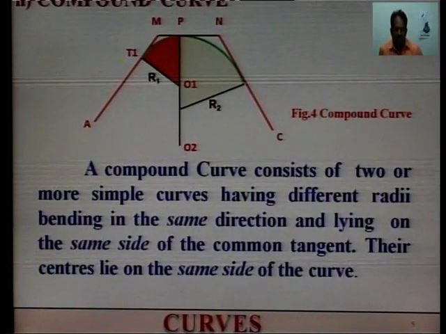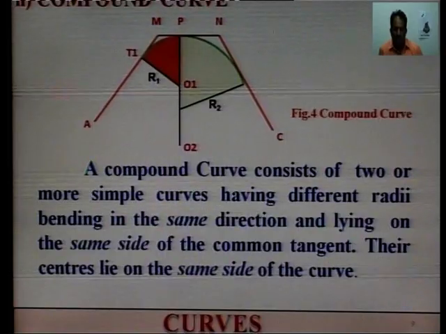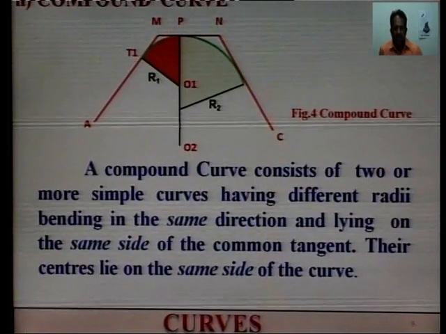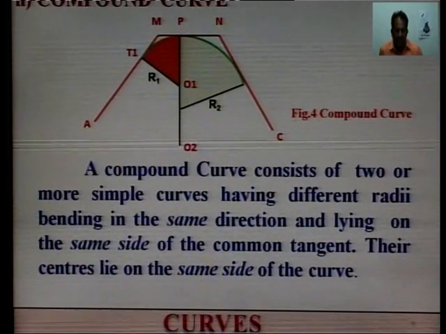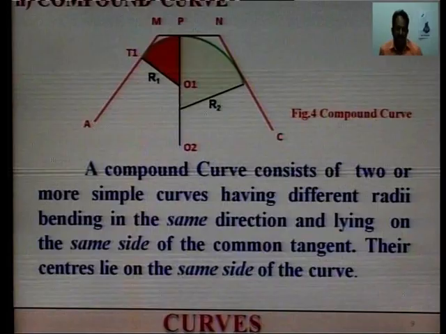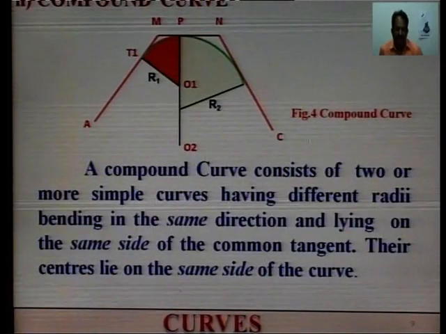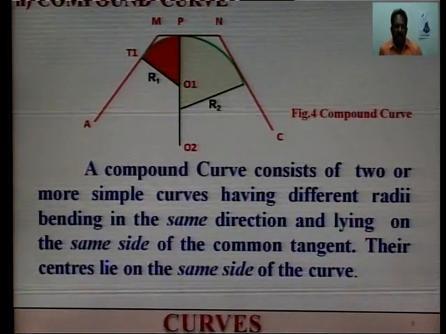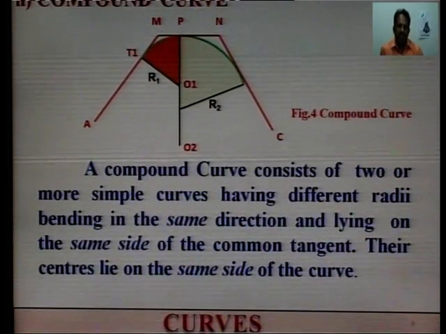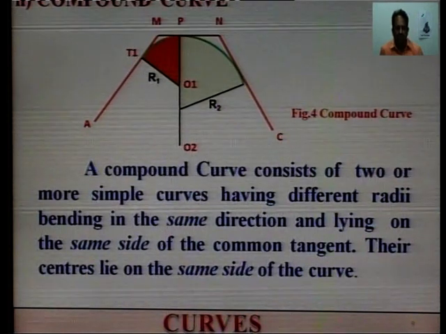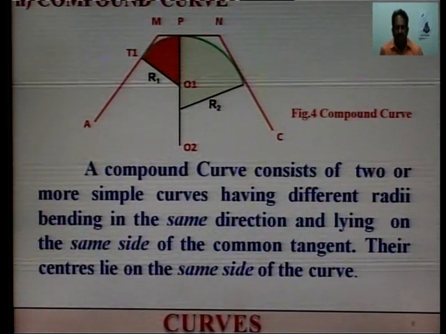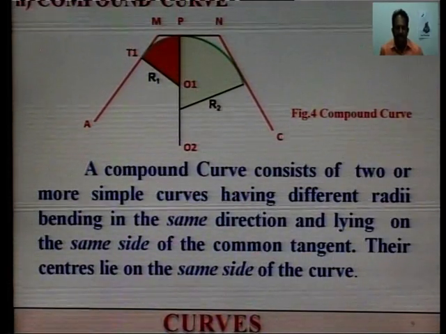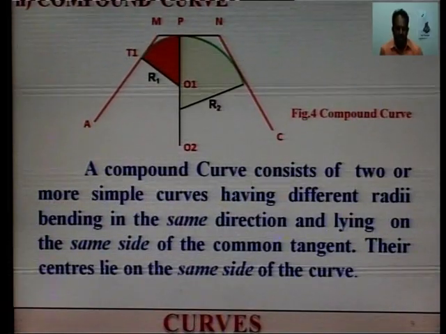A compound curve consists of 2 or more simple curves having different radii bending in the same direction, that is they bend in the same direction and lie on the same side of the common tangent.